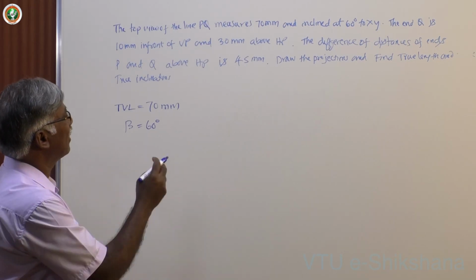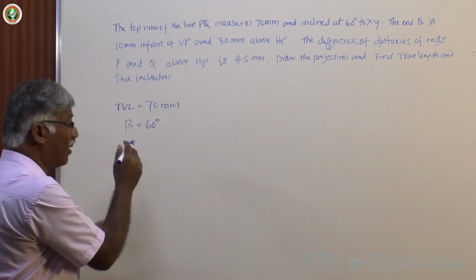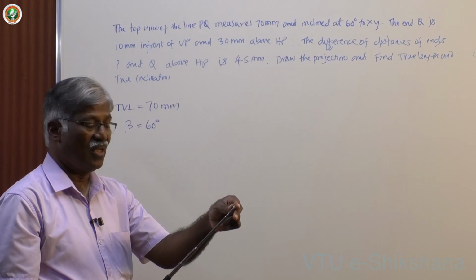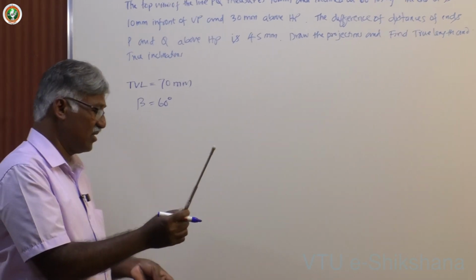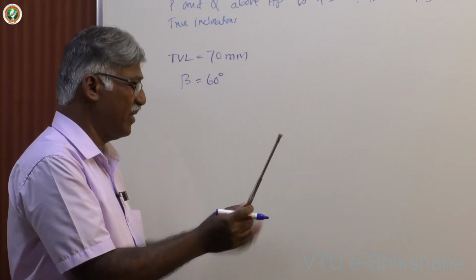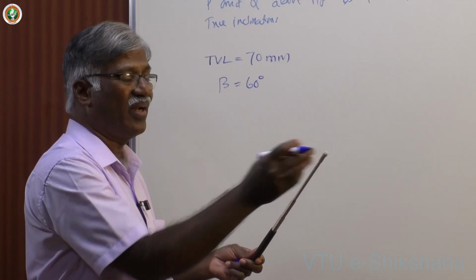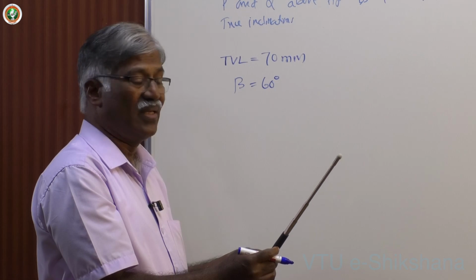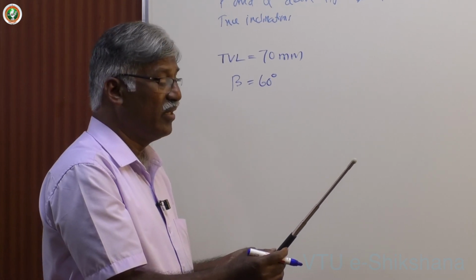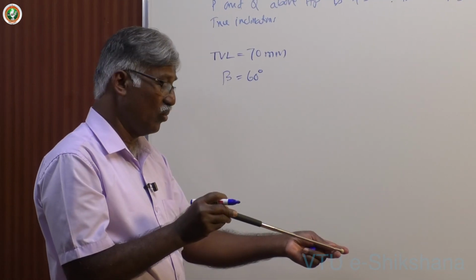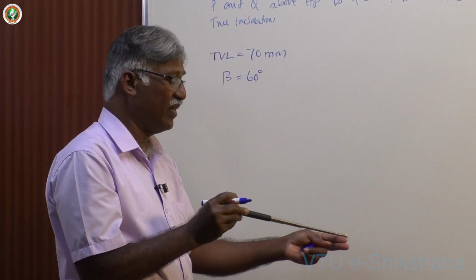So next comes the one end. Normally P will be given. See, this is end P, this is end Q. The situation is this. This is the HP and this is the VP. One end is nearer to both HP and VP and the other end is away from both HP and VP. Now, the situation is different. End Q is 30 mm above HP and 10 mm in front of VP.